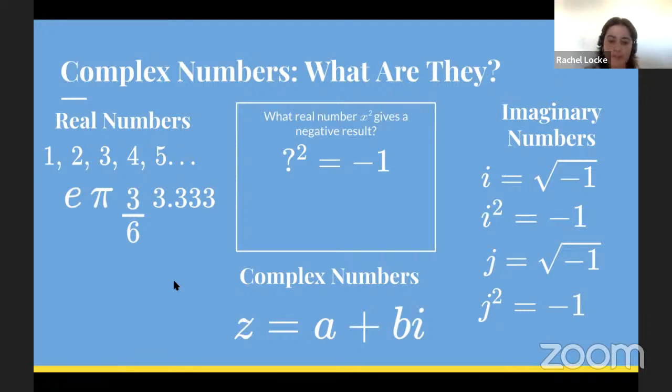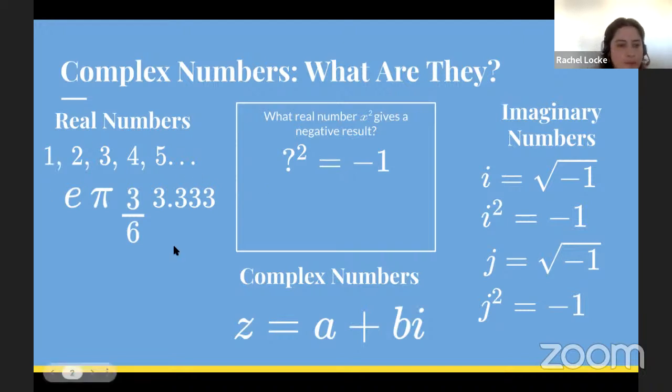At some point in the history of mathematics, dating as far back as the 1400 to 1500s, mathematicians realized a need for a number that gives a negative result when squared, i.e. some number to the power of 2 is equal to a negative result, or -1, let's say. Now, we're probably all quite familiar with real numbers.